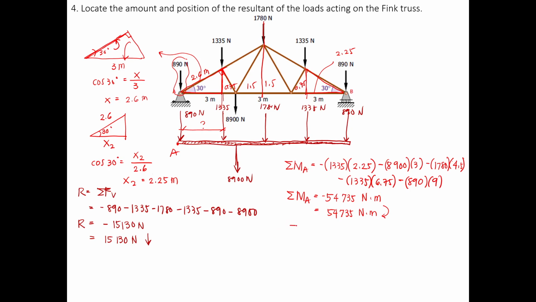Okay, so if we're going to solve for the distance of the resultant from point A, so resultant times the distance. Again, the moment of A is coming from the previously answered equation. Then the resultant is coming from here. So that will be 54,735, then 15,130, and then distance.